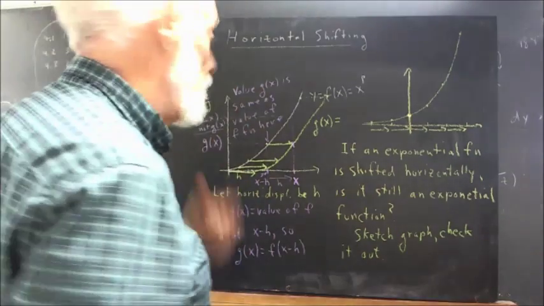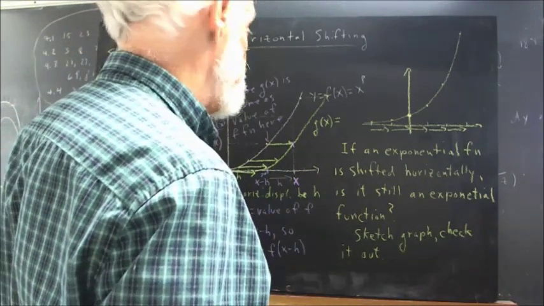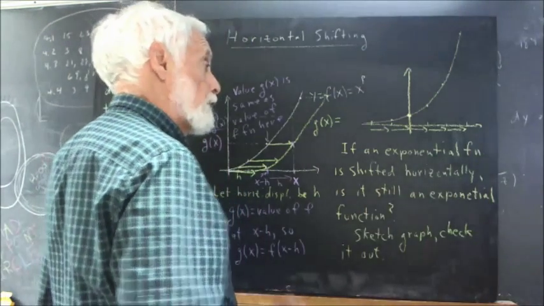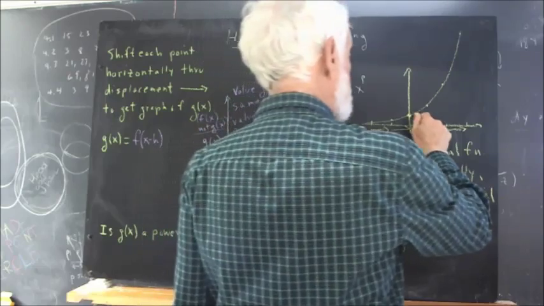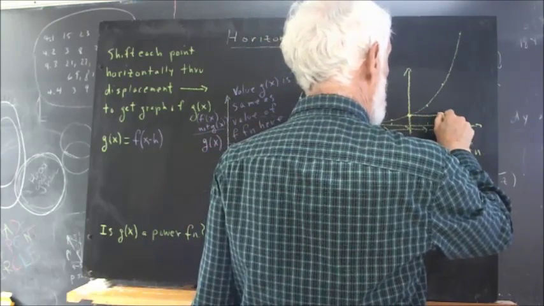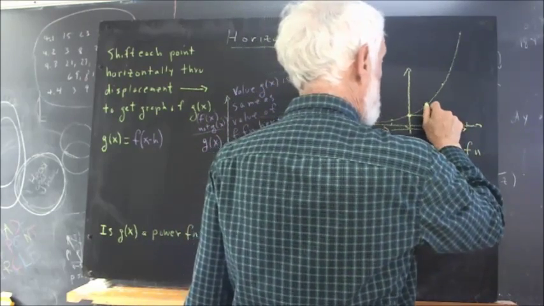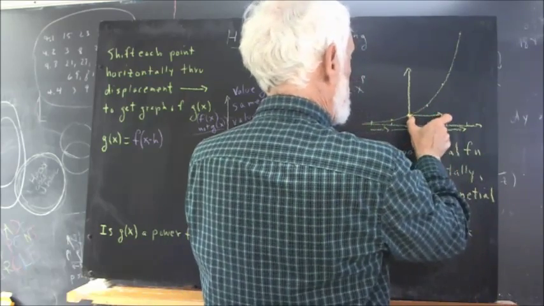Now if we apply some displacement, and I'm going to use a different color chalk, the displacement will be clearly longer than any of these vectors. We're going to displace each of these vectors the same distance, so we're going to have something like this, and then what do we have to do?